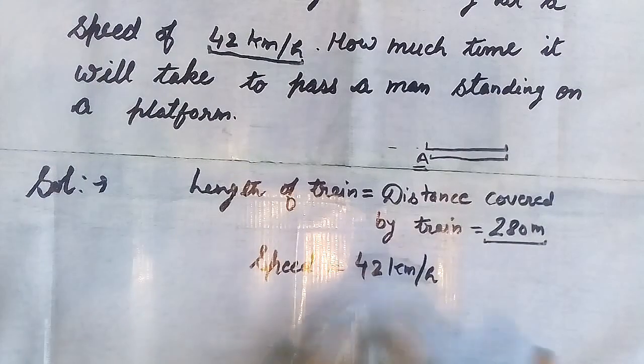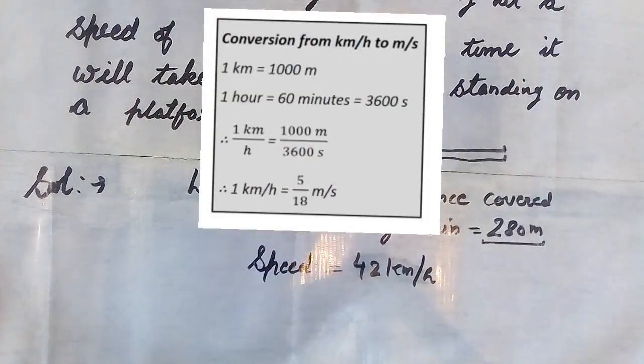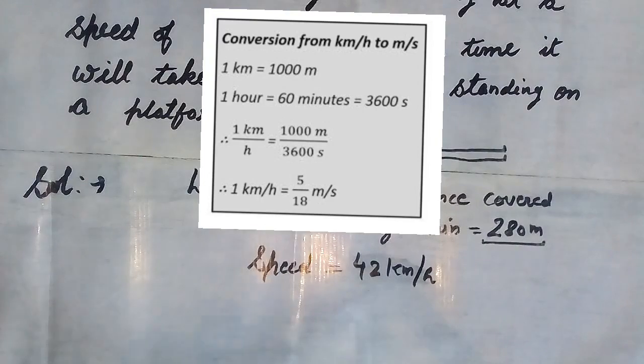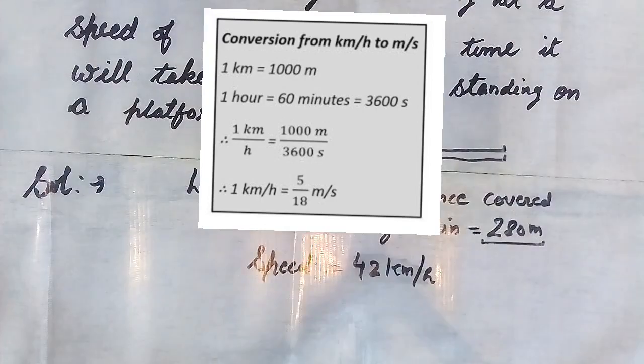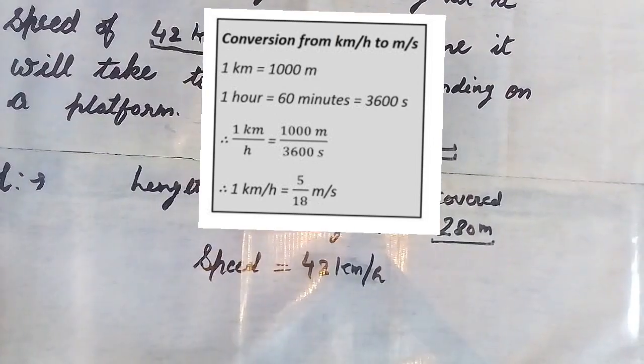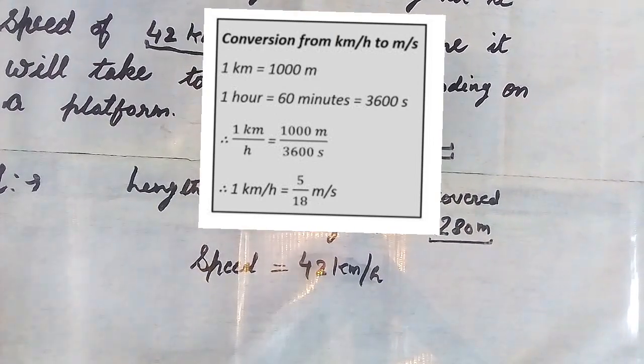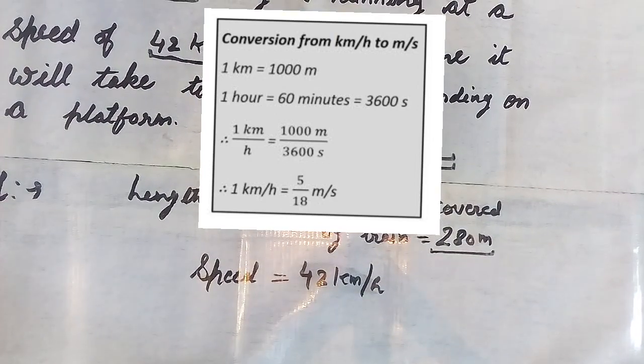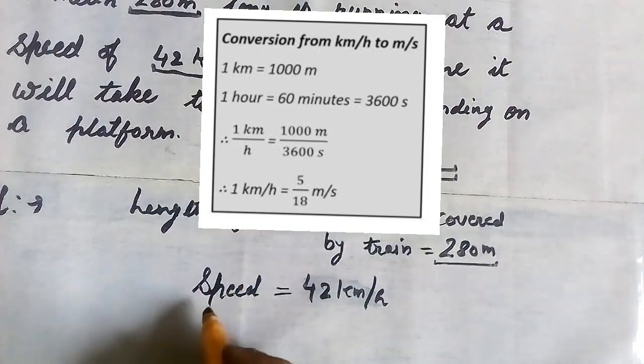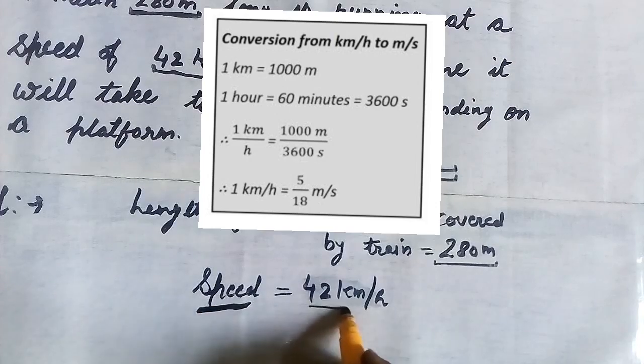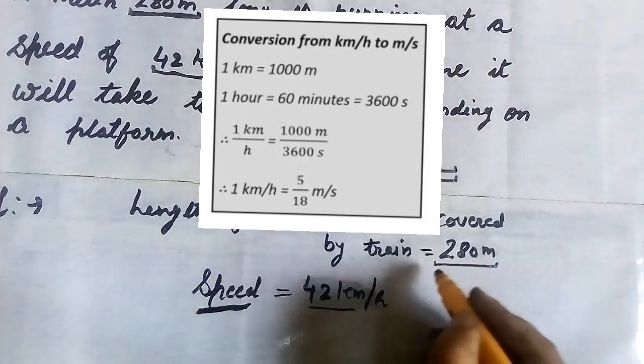We know that 1 kilometer is equal to 1000 meter. So 42 km will be 42 multiplied by 1000. Per hour is there, so in 1 hour we have 3600 seconds, so we have to divide it by 3600.